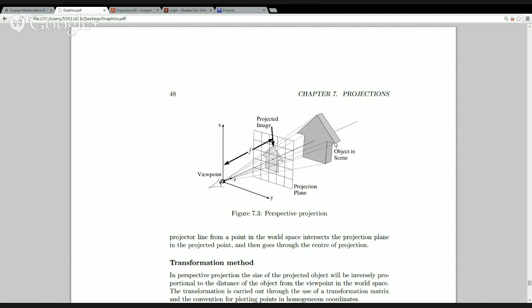We know the four-component homogeneous coordinates of points in the environment, and we know the distance of the projection plane from the viewpoint, so that's the distance f there. And so we want to calculate what the x and y coordinates of these projection points on the projection plane are. Okay, so that's the problem that we need to solve.